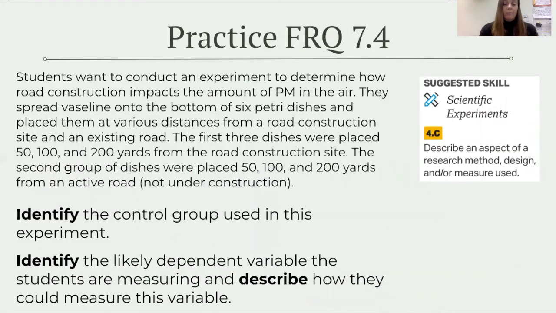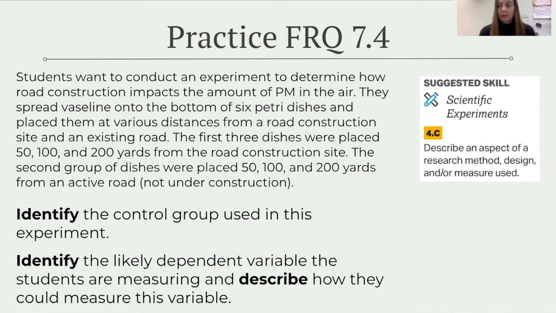So that's our particulate matter information, as well as our natural sources of carbon dioxide and particulate matter. So in this practice FRQ, I'm asking you to identify the control group in an experiment, to identify the variable that students are measuring, and describe how they're going to measure this variable.